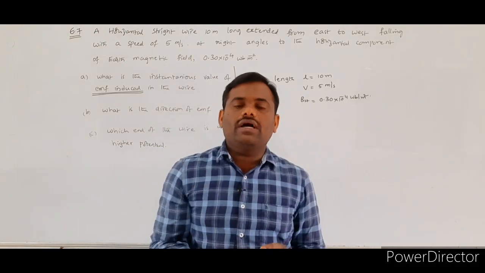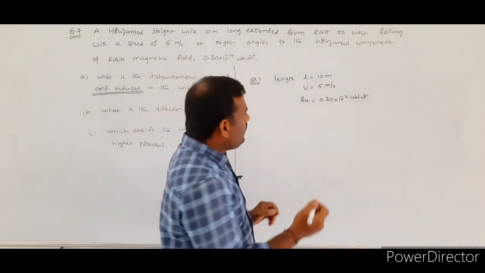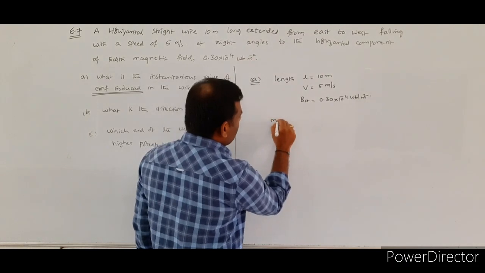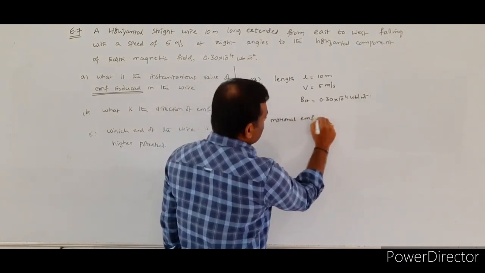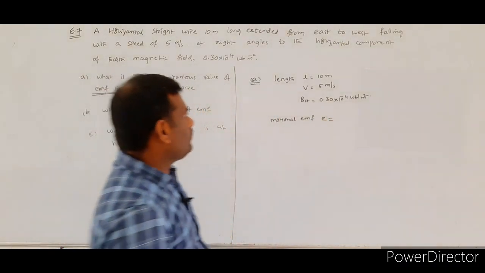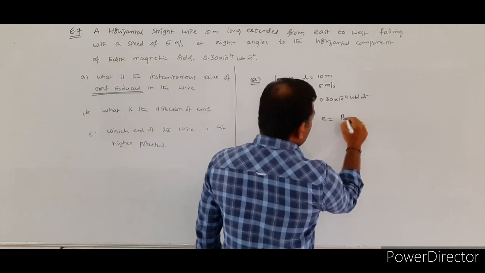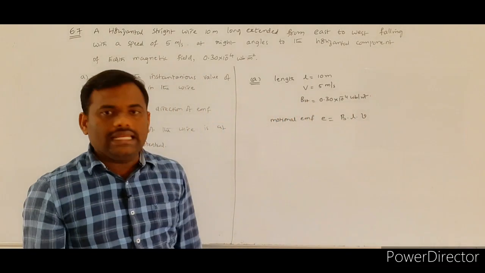Such EMF we call motional EMF. So what is the formula for the motional EMF? Motional EMF E is equal to B into L into V.